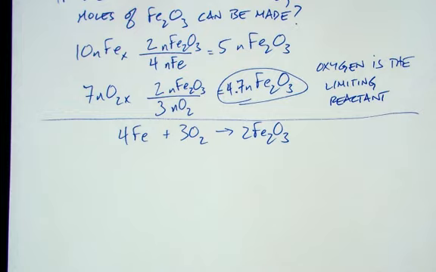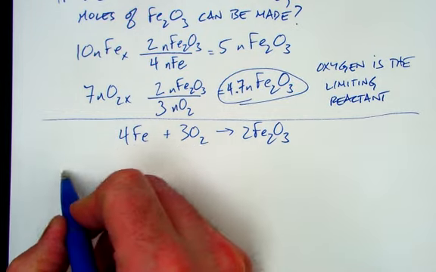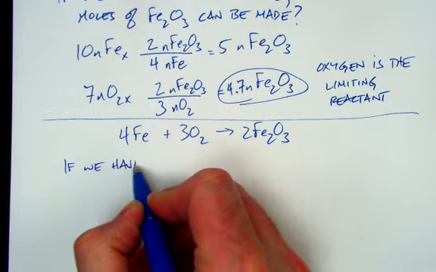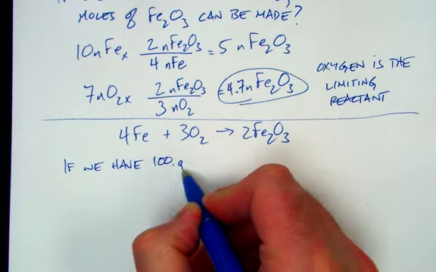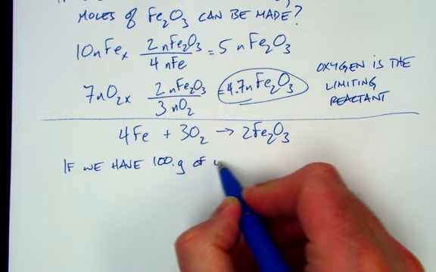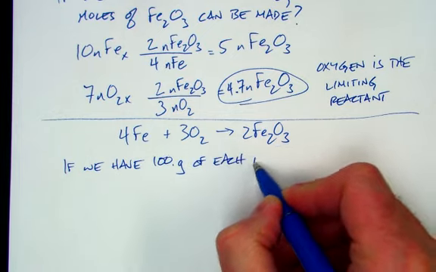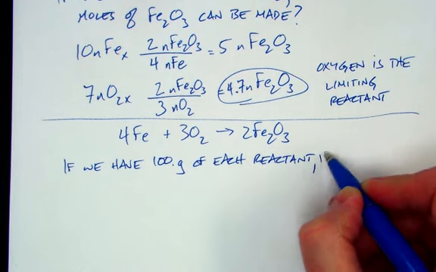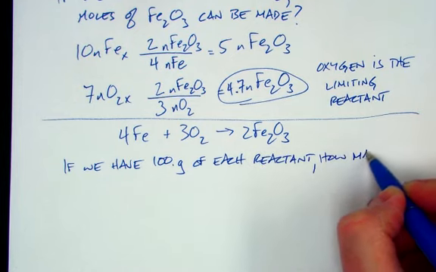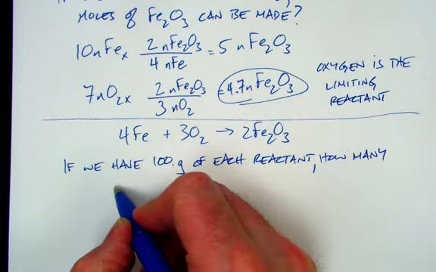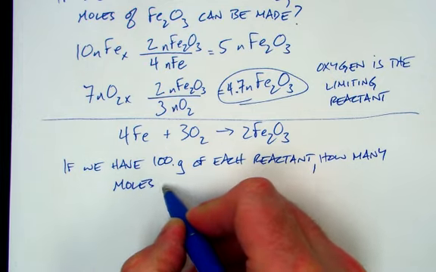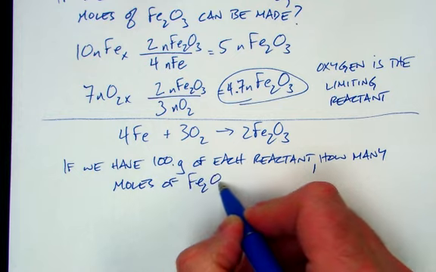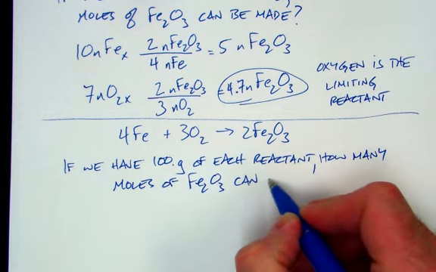And so let's say that if we have 100 grams of each reactant, how many moles of Fe2O3 can be made?